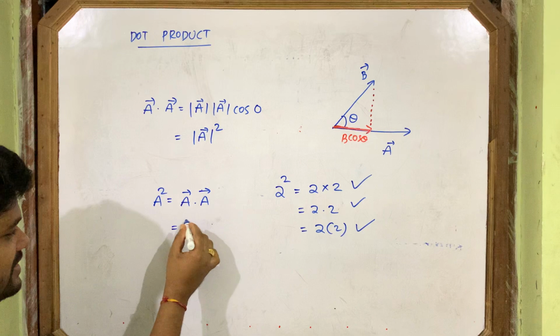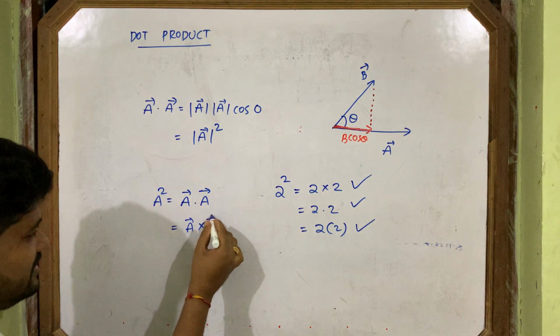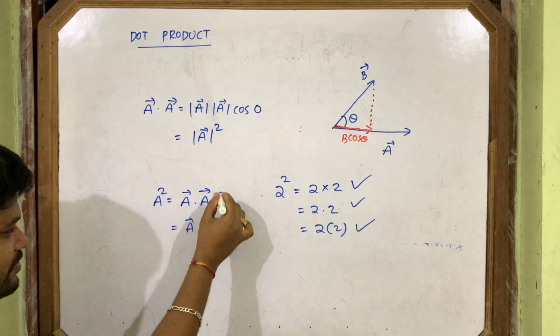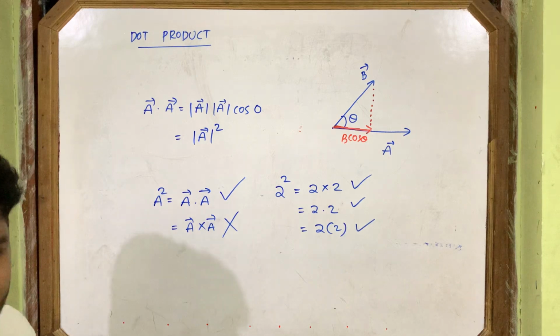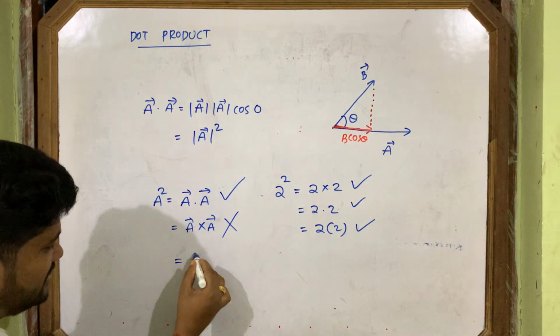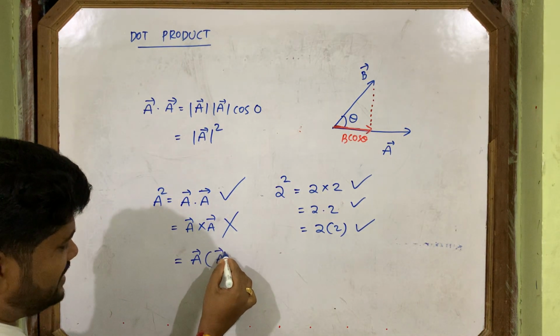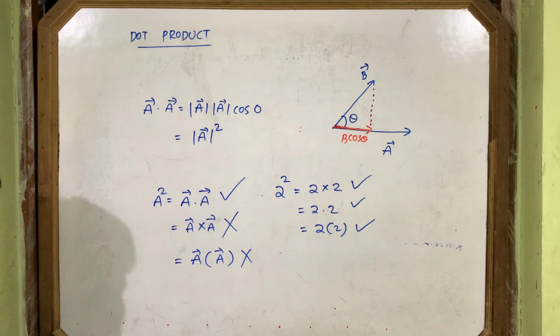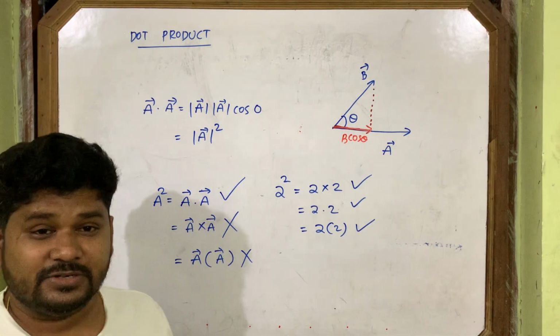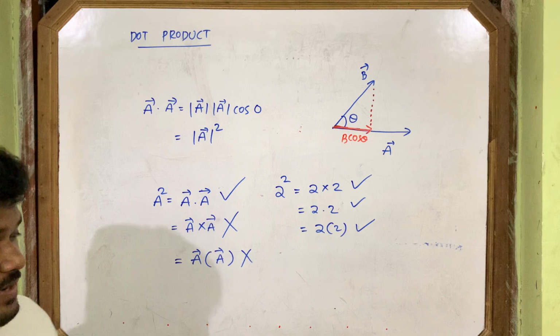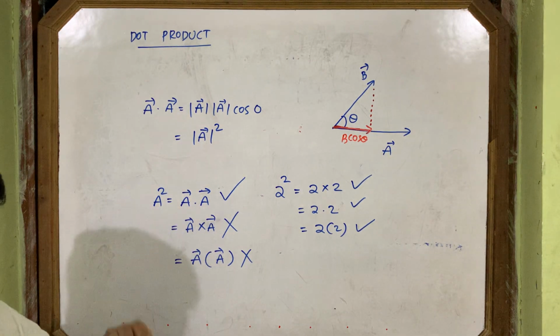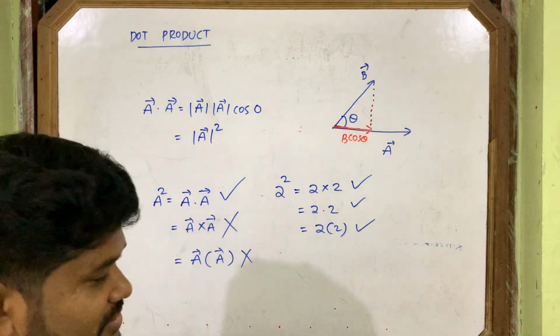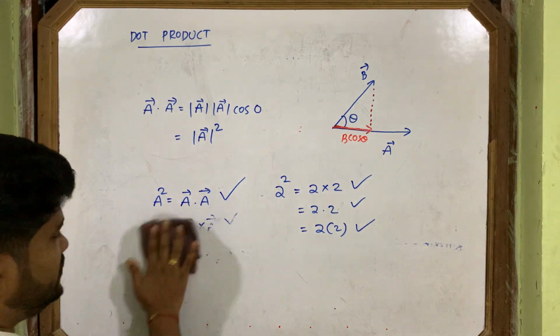The other forms will not work, only one is correct. You can't multiply by any symbol while multiplying two vectors. So when A square is written, it means only the dot product. So this is the dot product of two equal vectors.